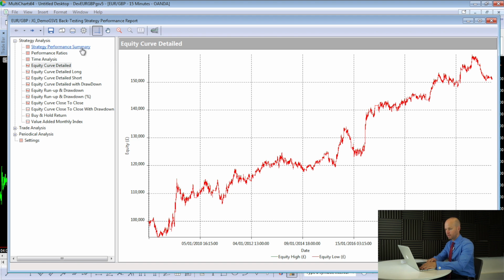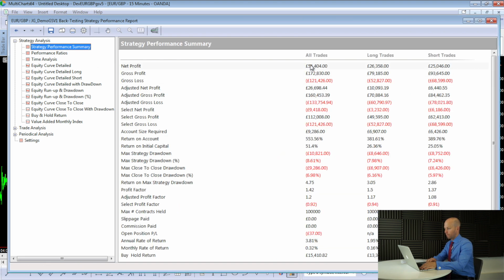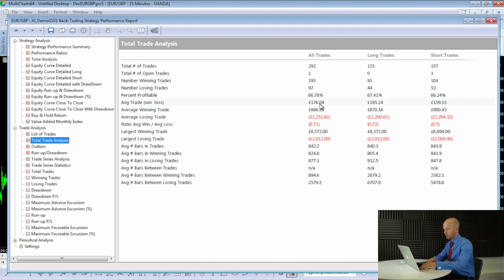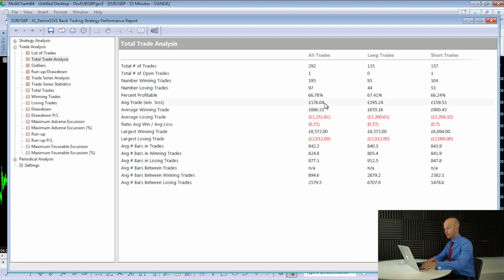Let's just look at the numbers. We've got more net profit, obviously. We've got more trades, they're more profitable trades. The average trade will be interesting. We've got an average trade of £176 now, which is only a couple of pounds less than the rest of the study. So that means that the out of sample data has been fairly consistent with the rest of the study, which is exactly what we like to see.